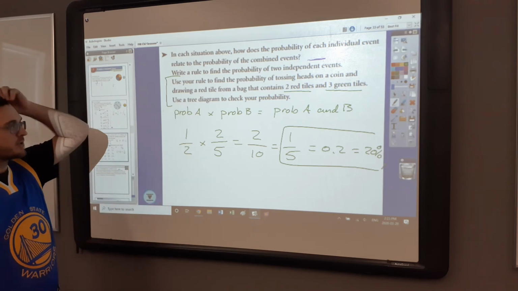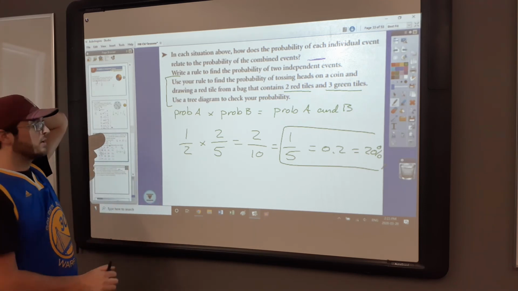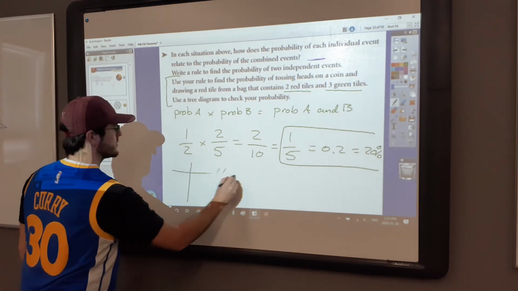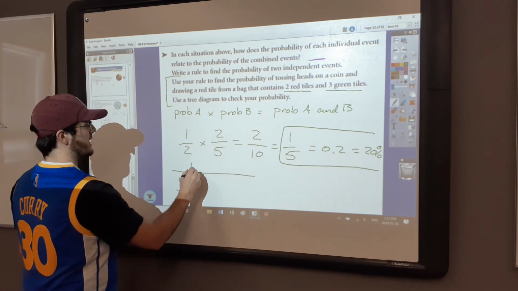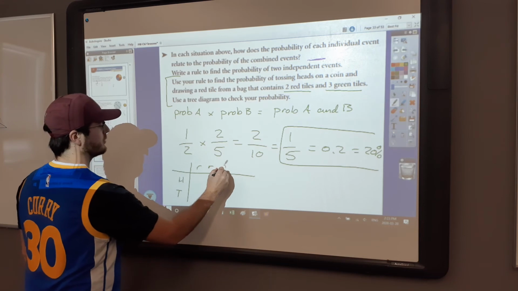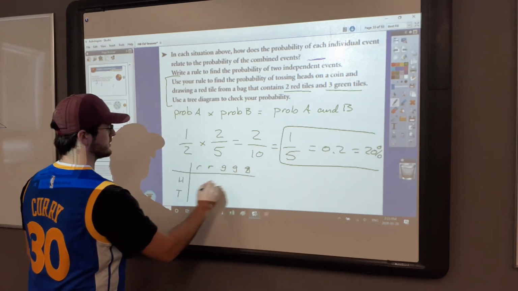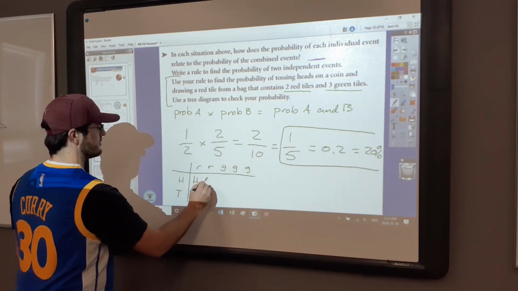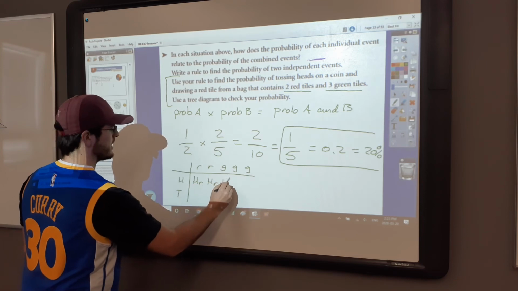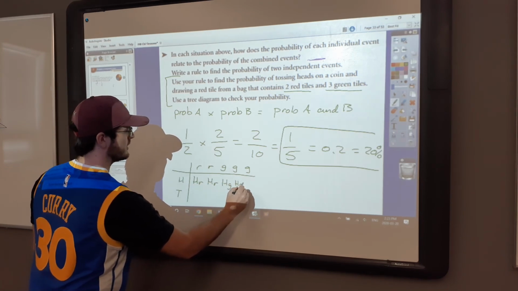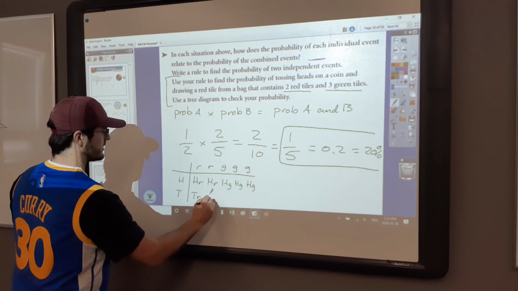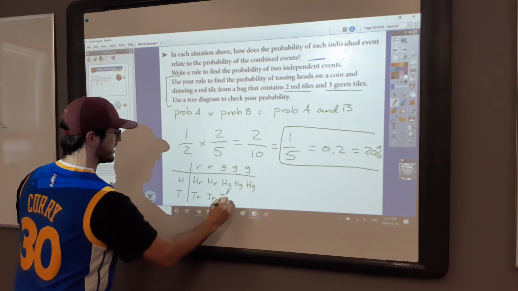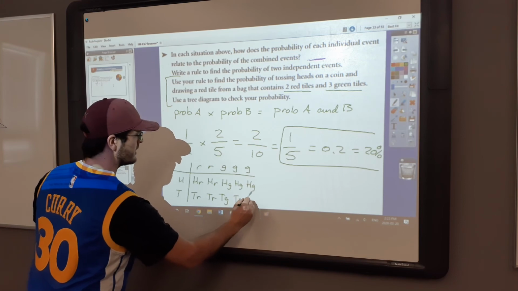Okay, we can do a quick tree diagram, or I'll just do a table to show that this will also work if you do it the table way. Here's heads and tails, and then we have red, red, green, green, green. You'll see that you could have heads and red, heads and red, heads and green, heads and green, heads and green, tails and red, tails and red, tails and green, tails and green, tails and green.